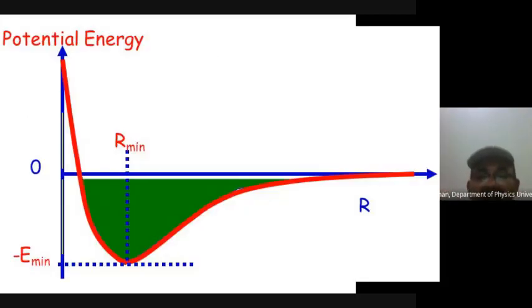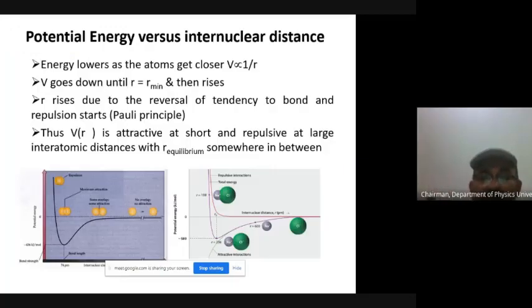And that is the Pauli exclusion principle. So when you reach a minimum R where the potential energy has gone to a certain level, the Pauli exclusion principle comes into play to prevent the collapsing of the system.